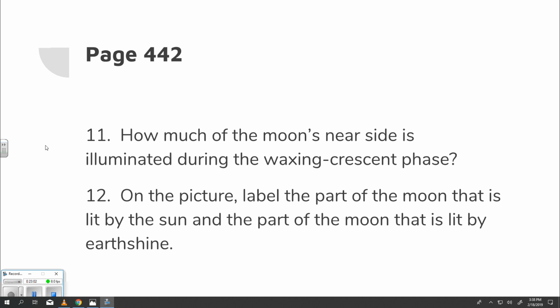A waxing crescent phase happens when a sliver of the moon's near side is illuminated. How much of the moon's near side is illuminated during the waxing crescent phase? Question 11. Answer: a sliver.